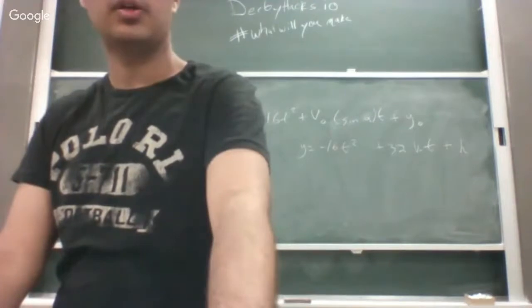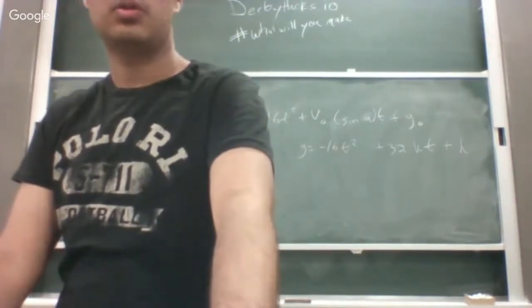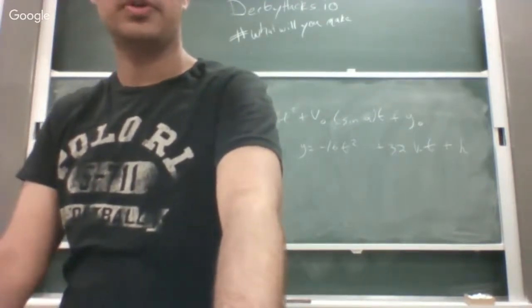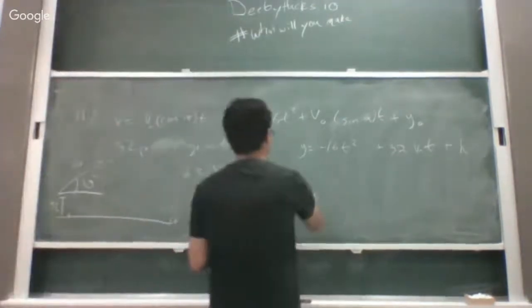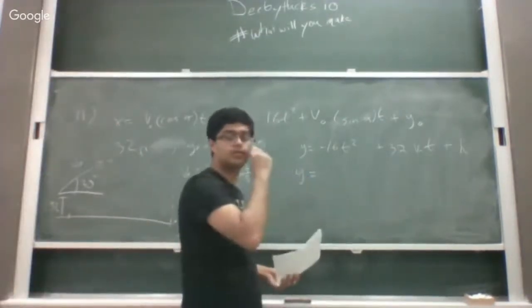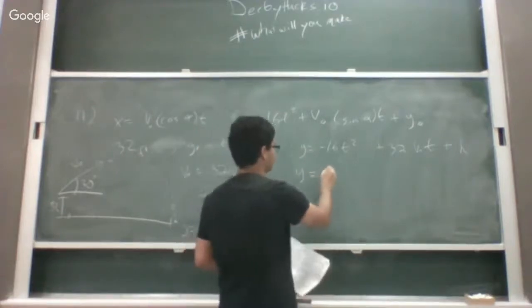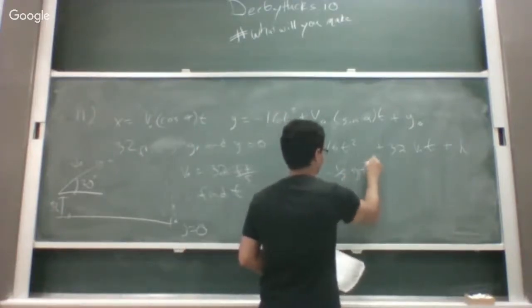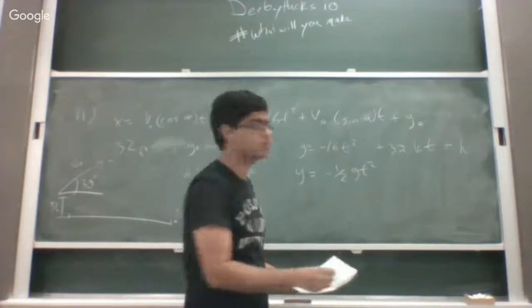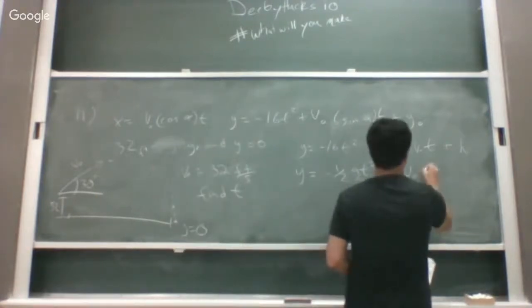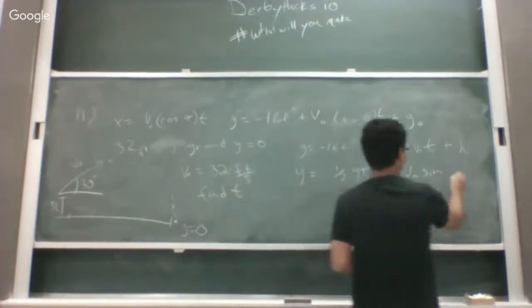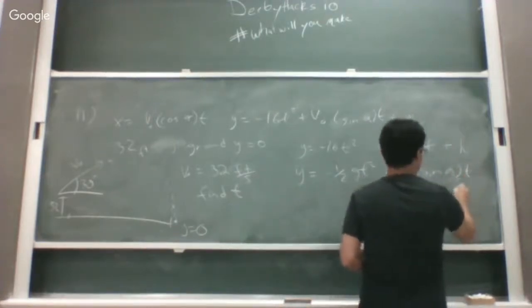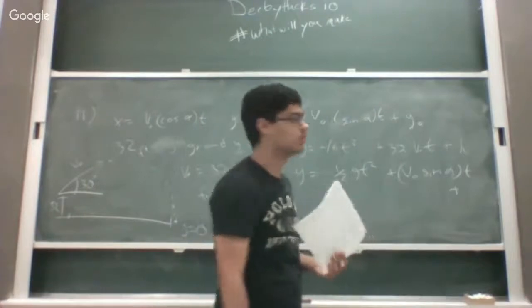Where is that projectile formula? Okay, this is the actual formula: y is equal to negative 1/2 g t squared plus v naught sine alpha times t plus y naught.